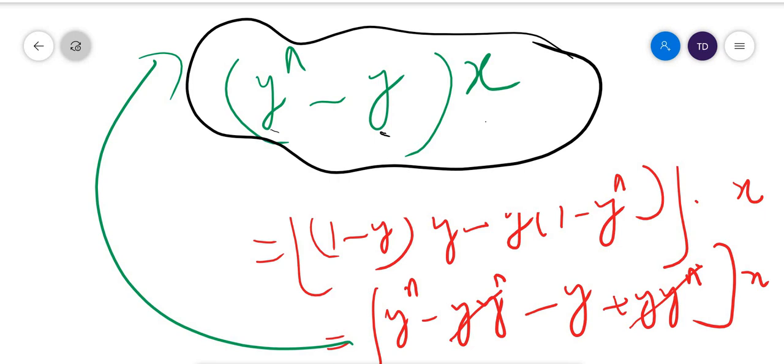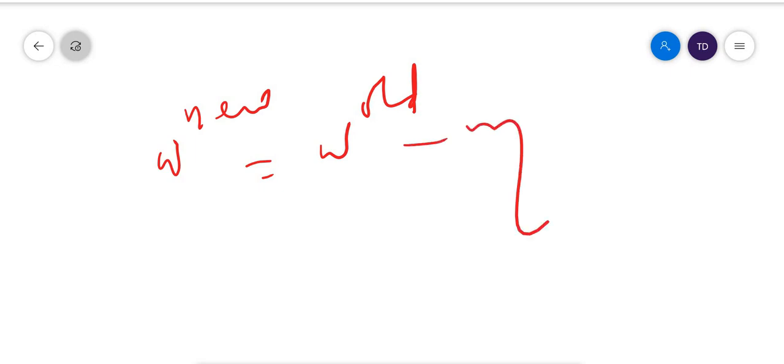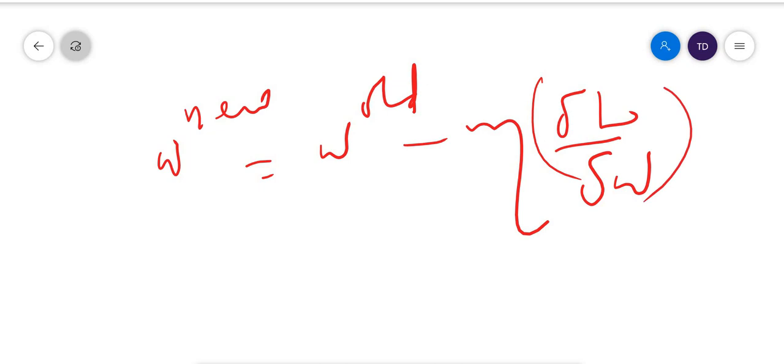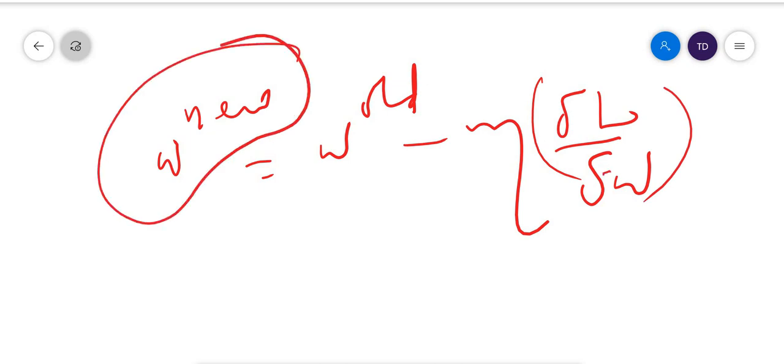So this dou L by dou W, we will substitute it in this equation from gradient descent. That is, weight new, the updated weight, is equal to weight old minus eta into dou L by dou W. Whatever we got now for dou L by dou W, we will substitute here and we will calculate the new weight.